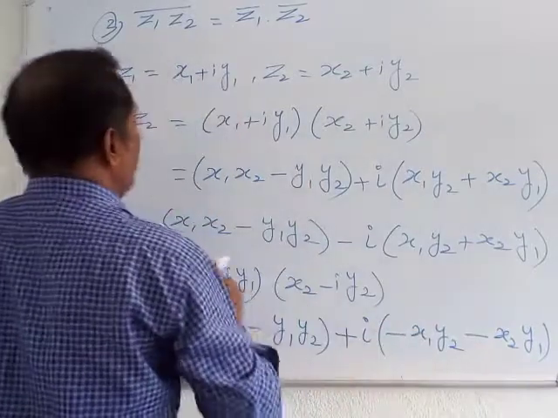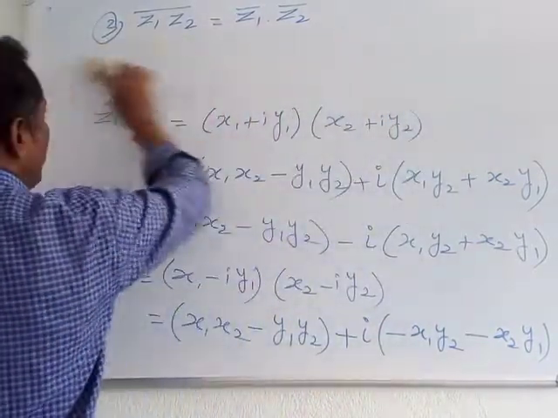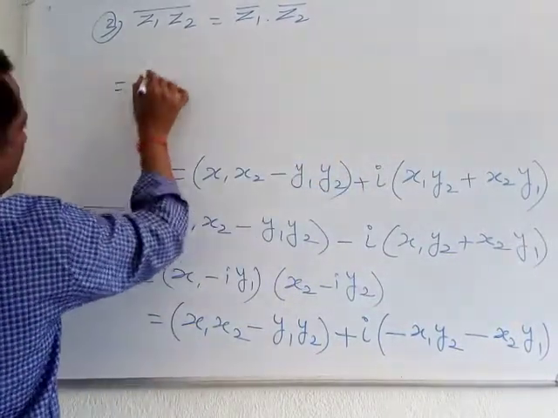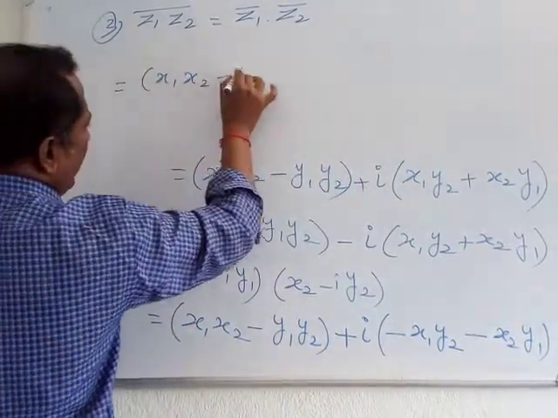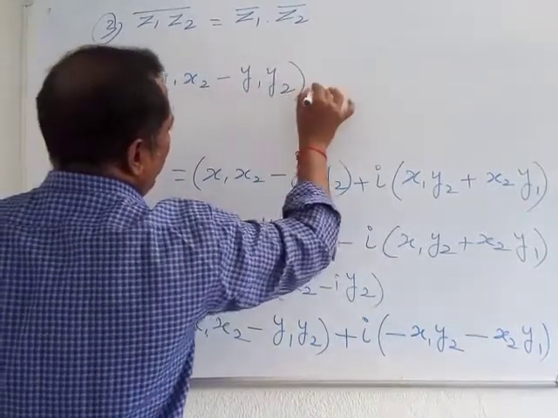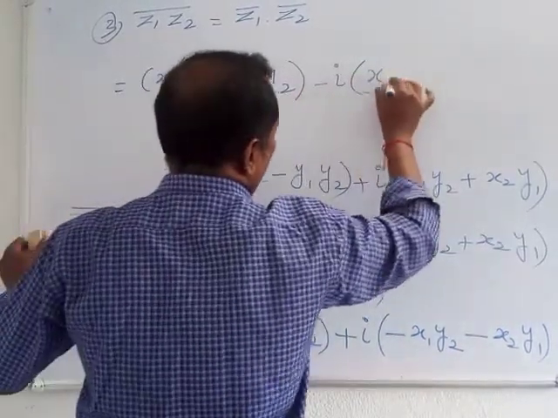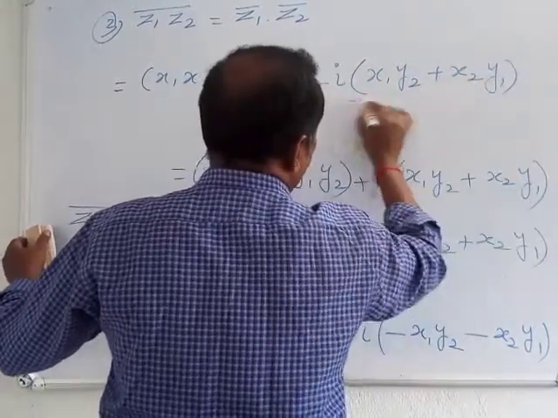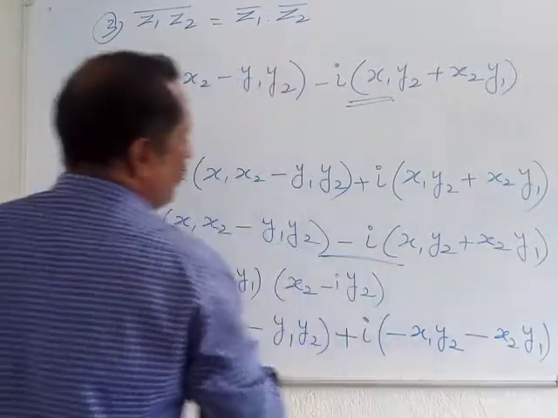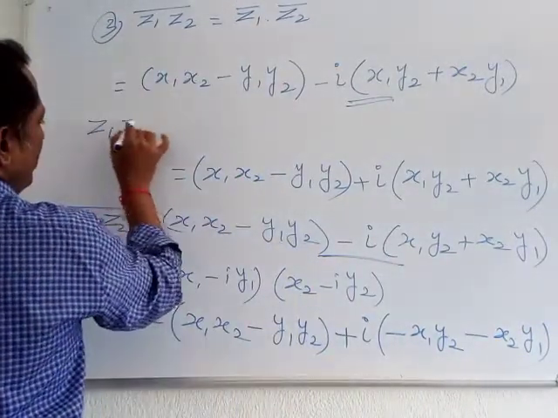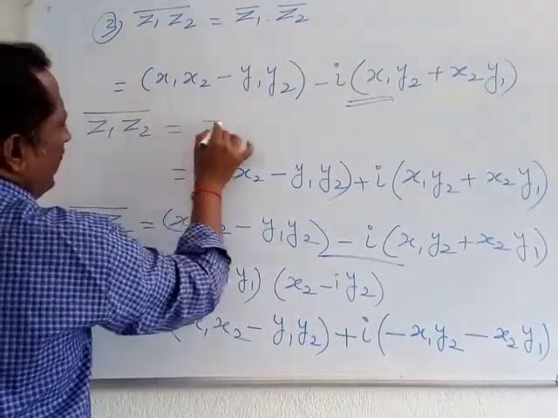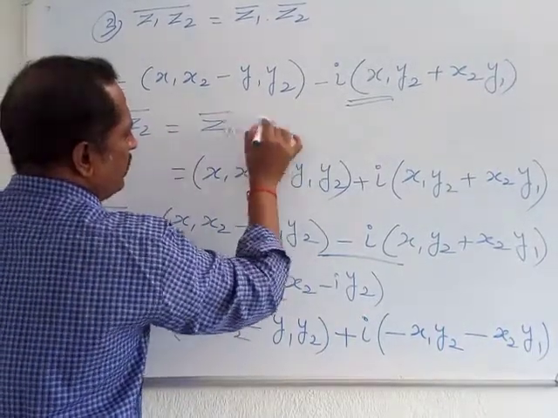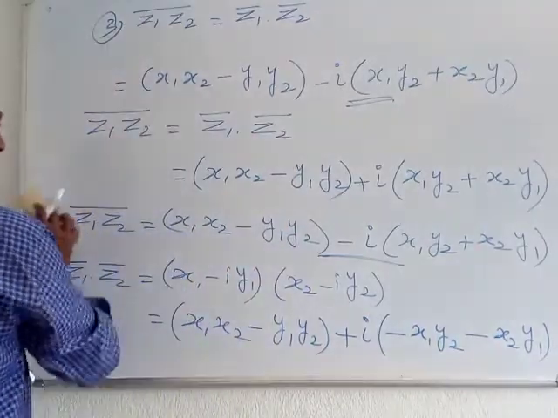Minus is common for both terms, so take out this value. We get x1 x2 minus y1 y2 minus i into (x1 y2 plus x2 y1). Check it, this answer and this answer are both the same, so therefore (z1 into z2) the whole bar is equal to z1 bar into z2 bar. Over.